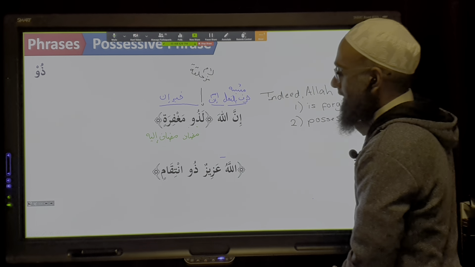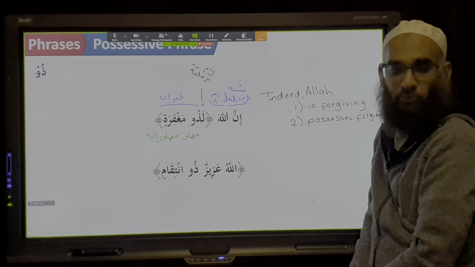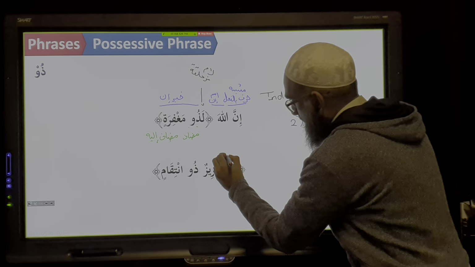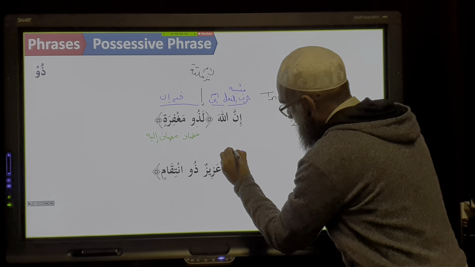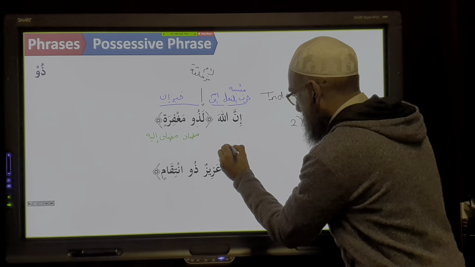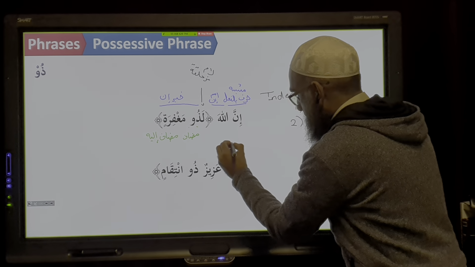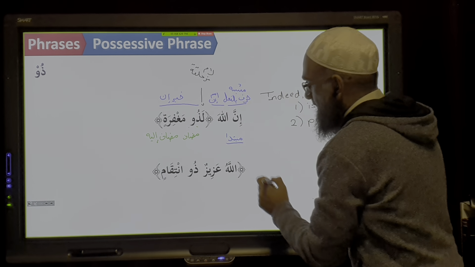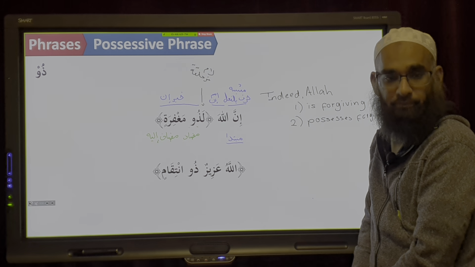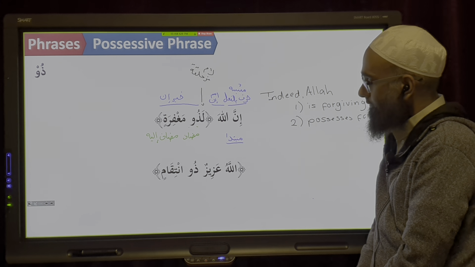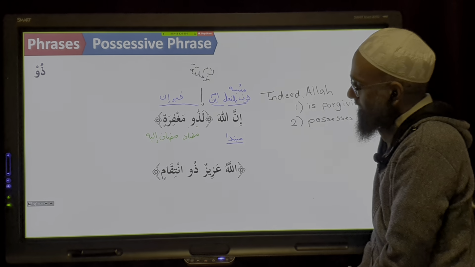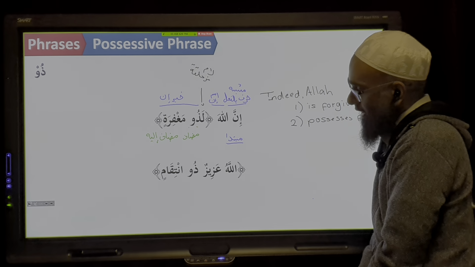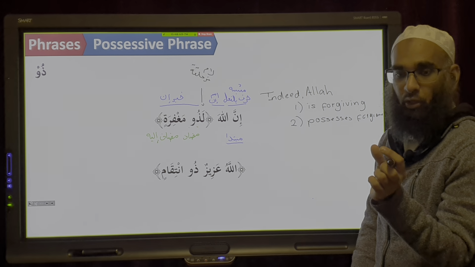Allahu Azizun is mubtada. Okay, why do you make Allahu Azizun mubtada as one slot? So Allah is what? Mubtada. Then, is it one khabar or is it two khabar?